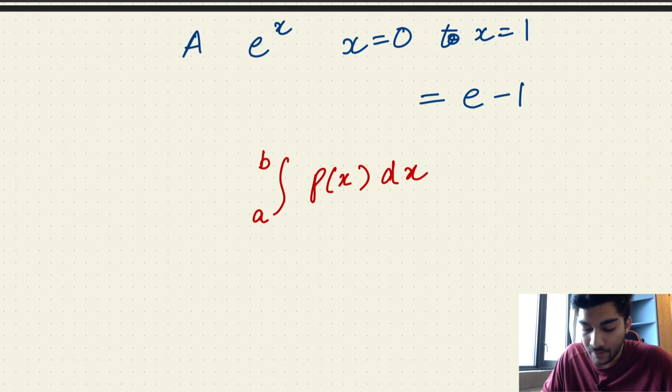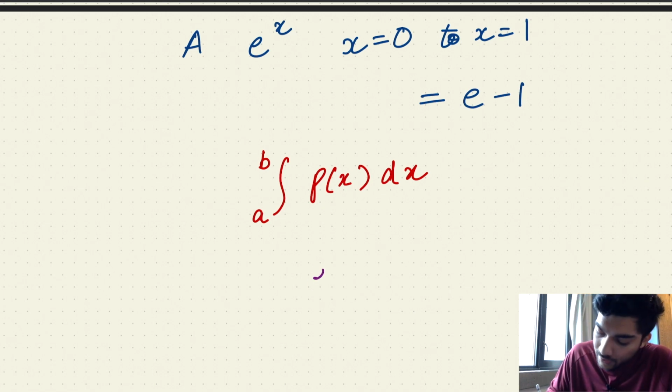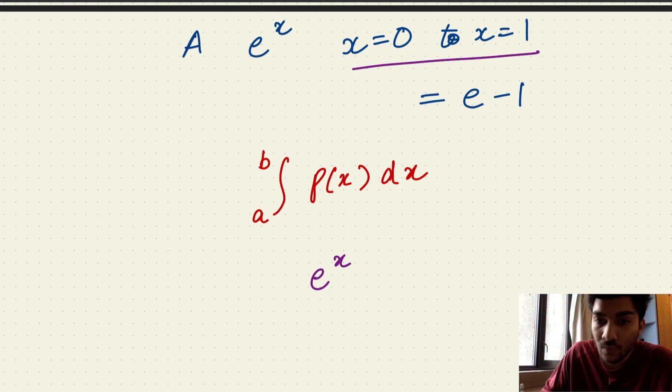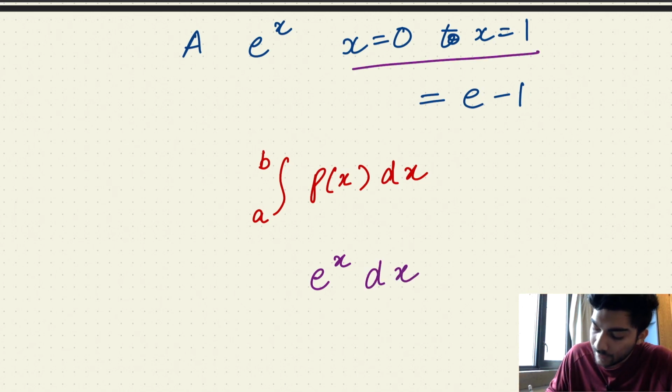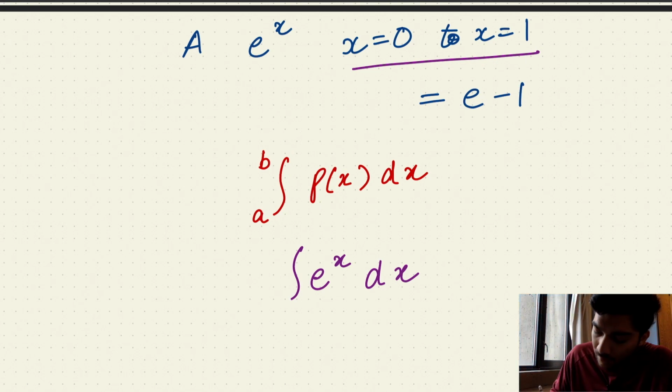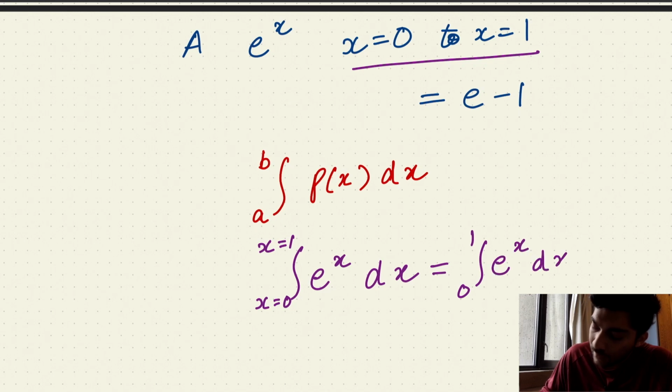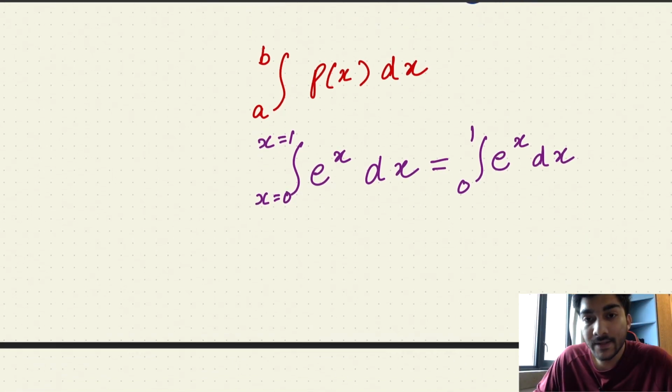In this example, since my function is e to the power x and I'm varying my x values from 0 to 1, I'll write dx where my interval is bounded by x equals 0 to x equals 1, which can also be simplified to the integral from 0 to 1 of e to the power x dx. And this is exactly the area under the curve for e to the power x bounded by the interval x equals 0 to x equals 1.